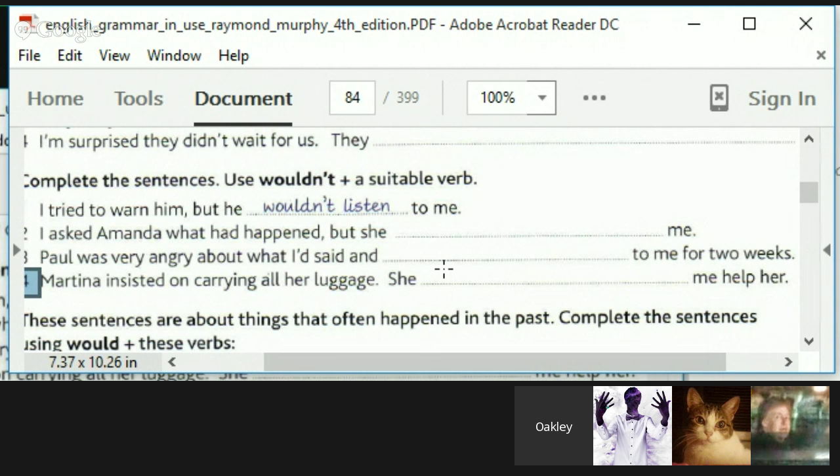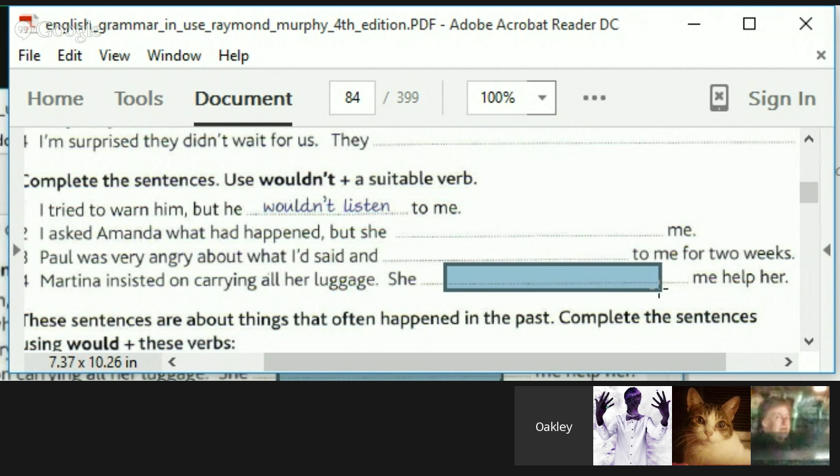She probably wouldn't ask me to help her, possibly, or to keep it much simpler and more conversational, normal, common, native speaker English, she wouldn't let me help her.